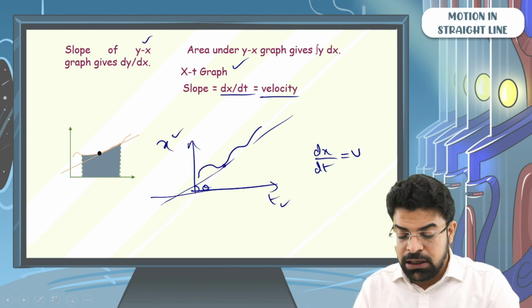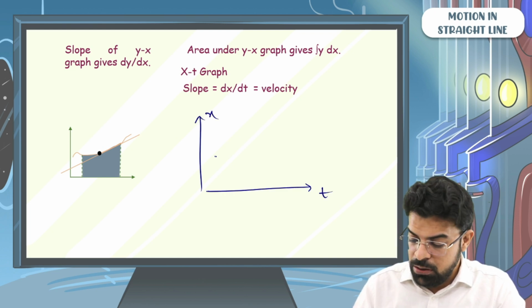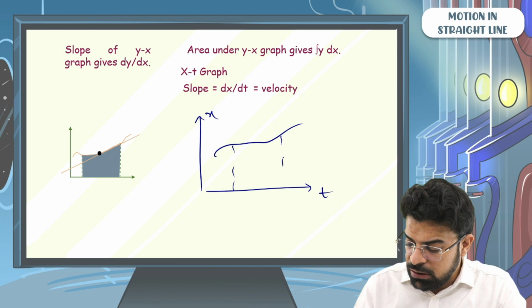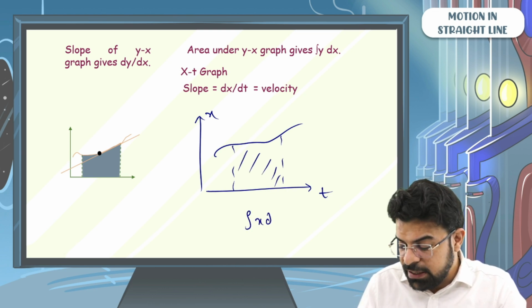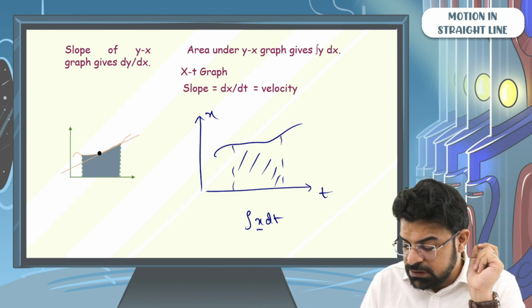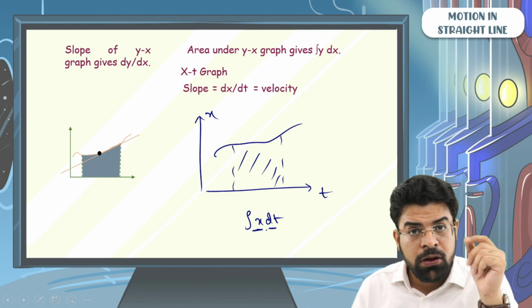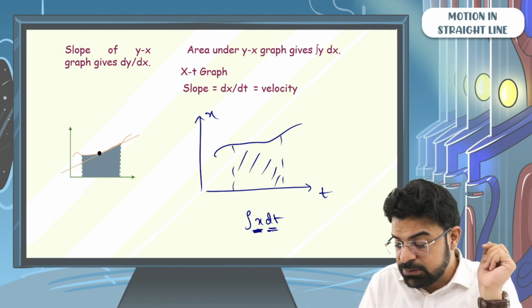Now what does the area under the xt graph give you? The area under the xt graph has to be nothing but integral x dt. Velocity into time is displacement. Which physical quantity is displacement into time?